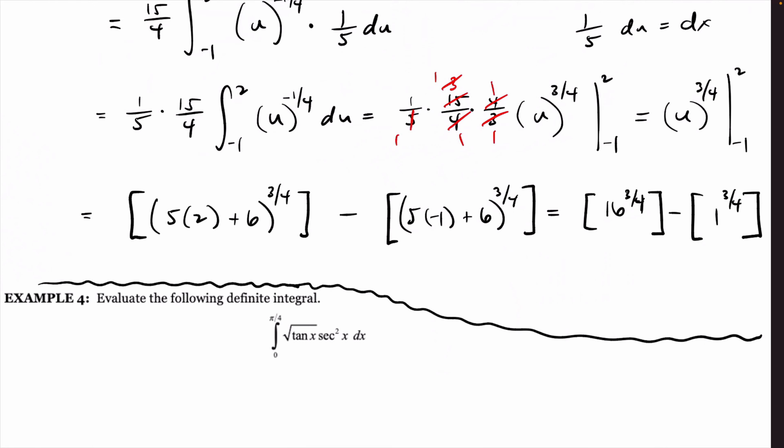Yeah, what number times itself 4 times makes 16? 2. So this would be 2 cubed. What is 2 cubed? 8. 1 is the nicest base to have because it doesn't matter what power it is, it's always just going to be 1.